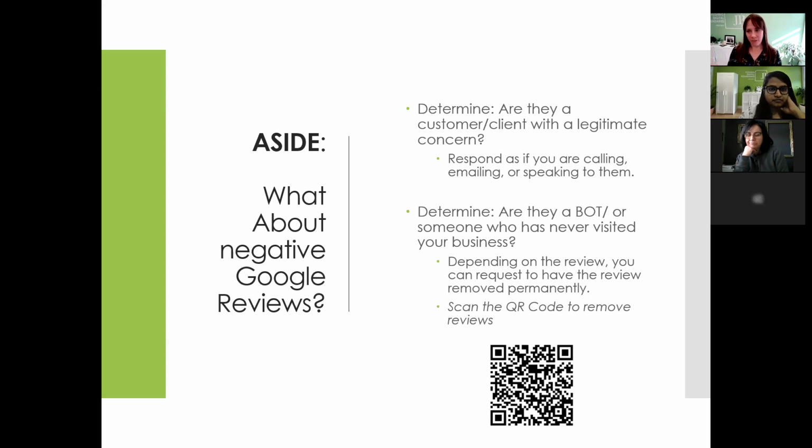That is very difficult, almost impossible to remove because there's no context behind it. We can't prove that Jennifer Baker wasn't actually in Arizona at the gift shop. So there's nothing really to go on. But if it uses inflammatory language, or it's really not a part of your business, it's very easy to get rid of. And that QR code will bring you to the link that you need to submit that review.